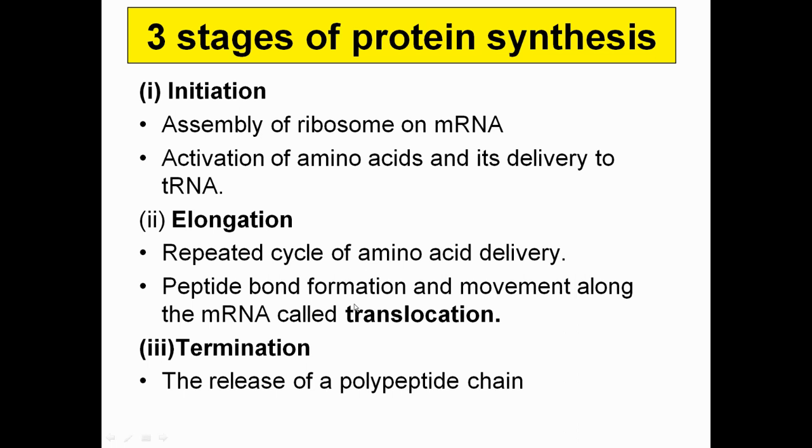As you know, amino acids are attached to one another with the help of peptide bonds, and movement along the mRNA is referred to as translocation, because the whole strand of the mRNA is going to be deciphered with the help of ribosomes and tRNA, and that happens through the process of translocation.